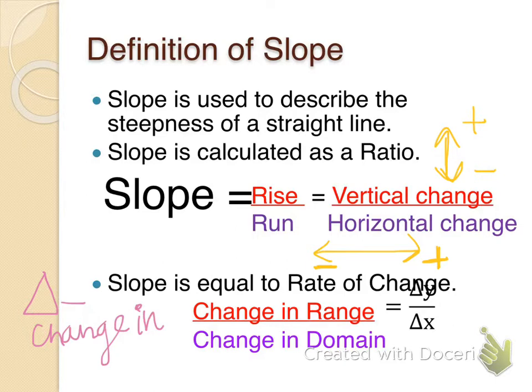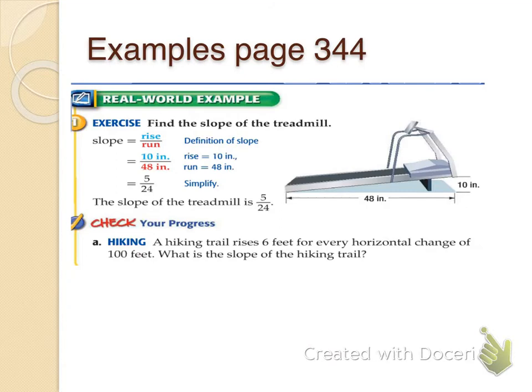So now let's look at an example. This is on page 344 in your textbook. The exercise example, which is that treadmill, the directions say find the slope of the treadmill. We've got our formula, slope equals rise over run. That was from the definition of slope that we saw on the last slide. The rise of this treadmill is going up or down, so that would be 10 inches.